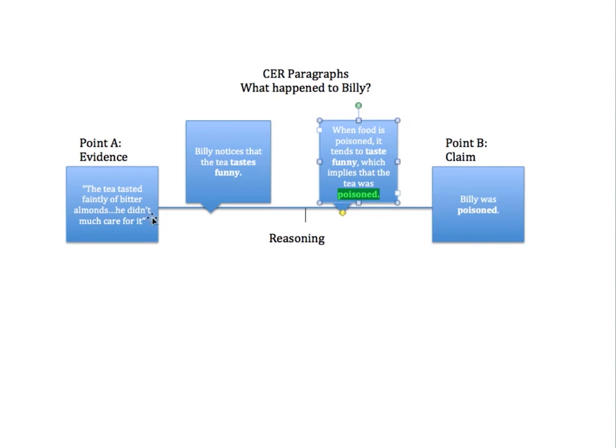So you can see that I took the reader from this quote here to the word poisoned, and I did that by first explaining the quote in my own words and then connecting what I said, tasting funny, to my claim, poisoned. So that I came up with, when food is poisoned, it tends to taste funny, which implies that the tea was poisoned. Okay?